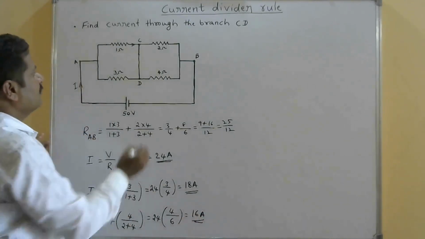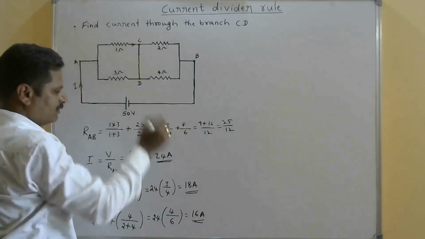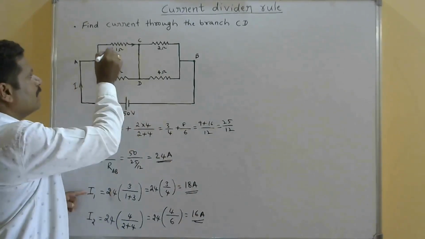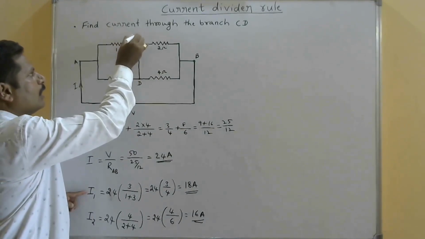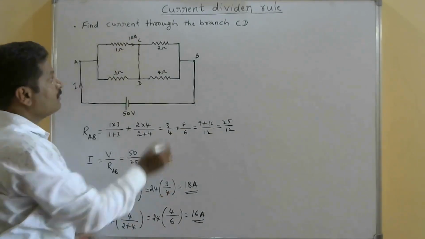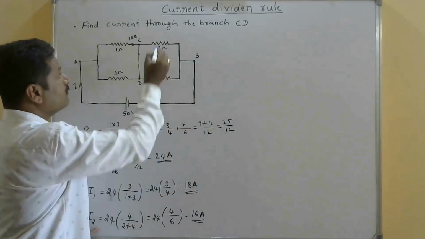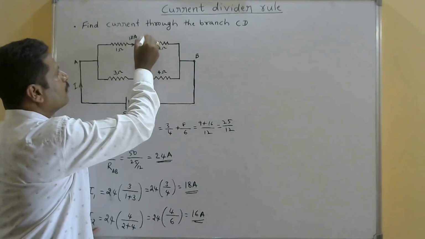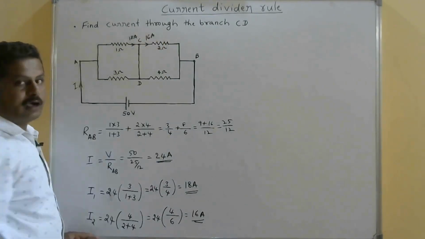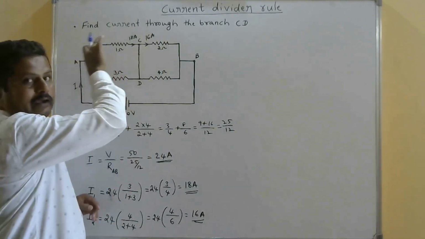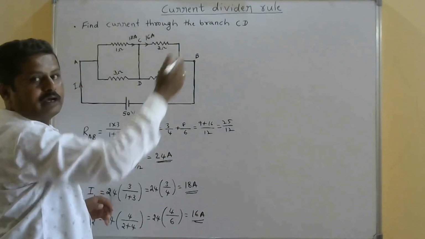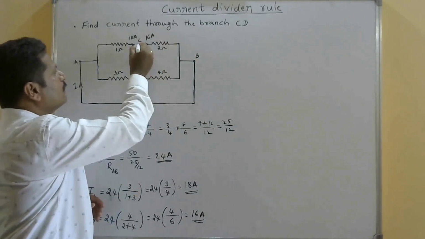Now, look at this junction. The current entering the junction is 18 amps, that is I1, current passing through this 1 ohm is 18 amps, and current passing through this 2 ohm resistance is 16 amps. So, according to Kirchhoff's junction rule, the total current entering the junction is equals to total current leaving the junction.